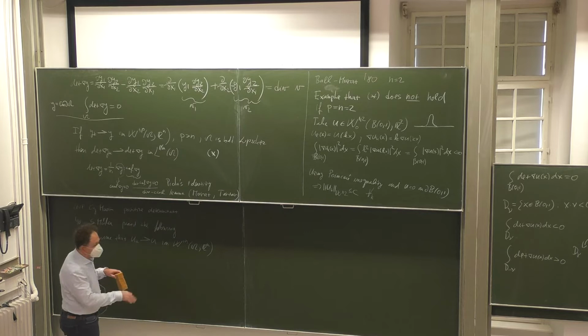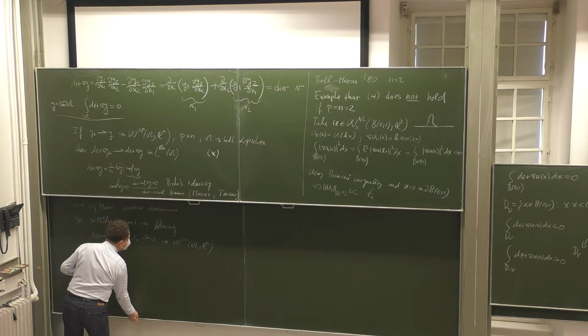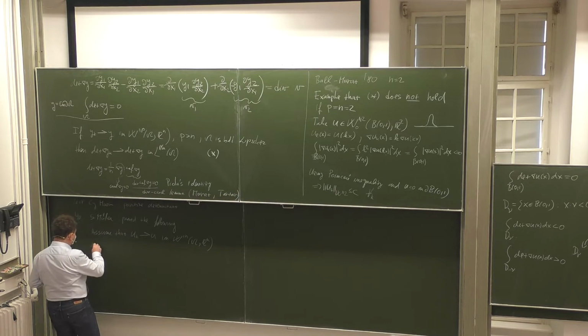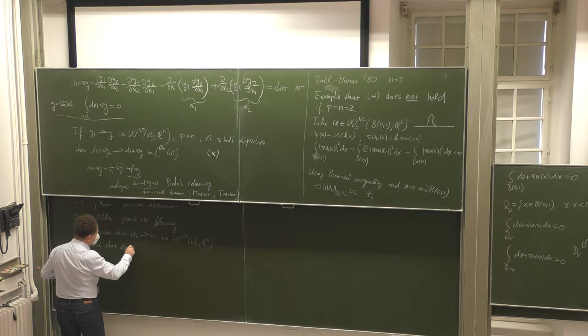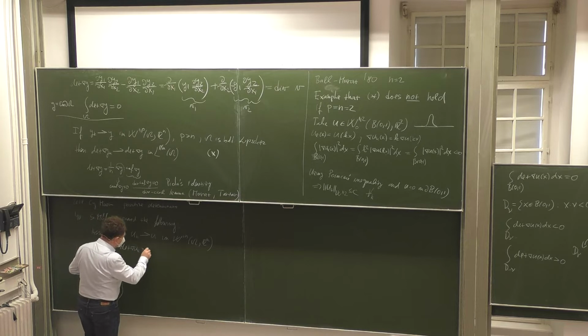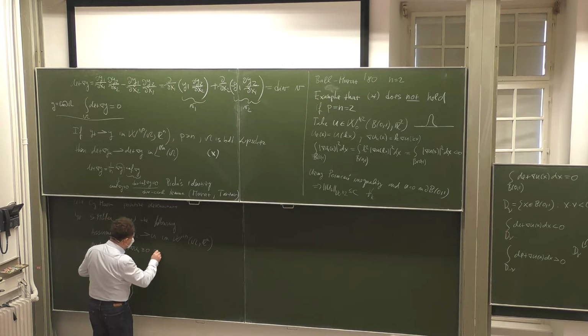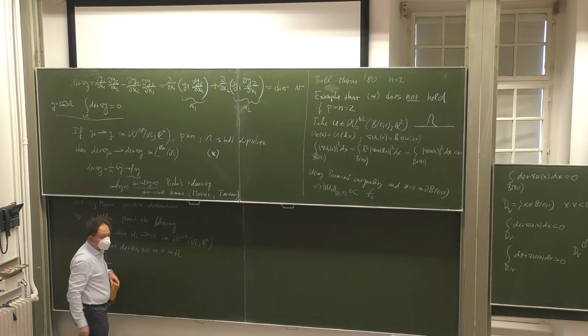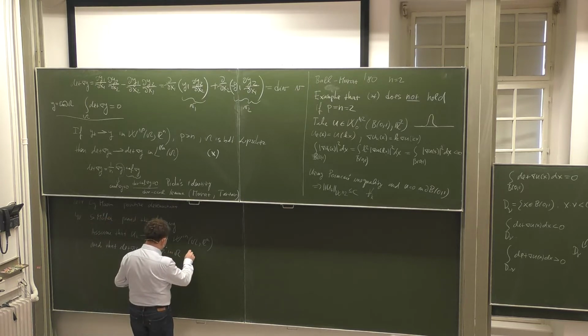So you take W^{1,n}, the critical case, and that determinant of grad u_k is bigger or equal than 0 almost everywhere in omega for every k.